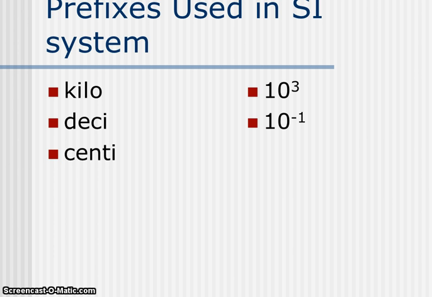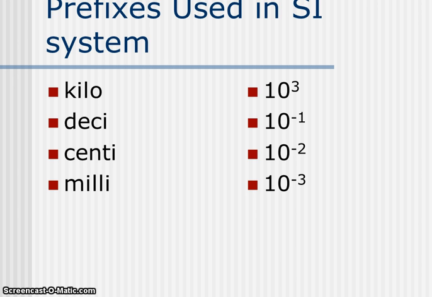We'll deal with the prefix centi often this year, and centi means a hundredth. So if we have a centimeter, okay, we've got 100 centimeters per meter. And again, we can think about that like our money system. We've got 100 cents per dollar, just like we've got 100 centimeters per meter.